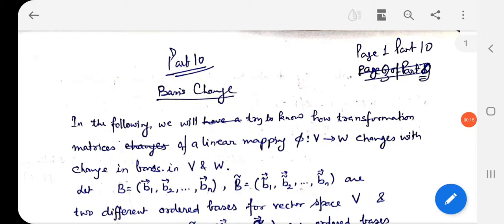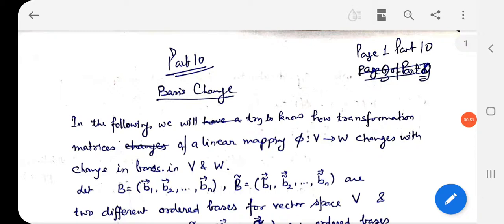The transformation matrix is the matrix representation of the linear mapping, which takes a particular vector in a particular vector space with respect to a particular basis, and it takes it to another vector space with respect to that mapping, and in the output vector space, we have certain bases. So we did the transformation from one particular basis to another particular basis. That is what we did.